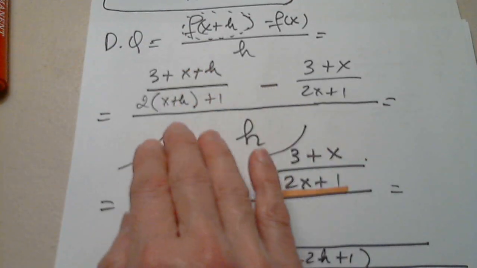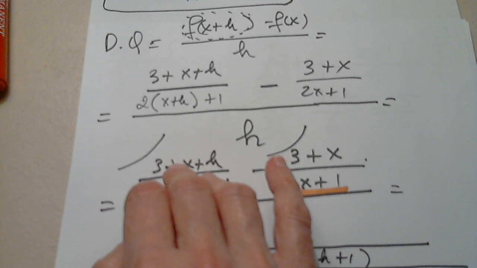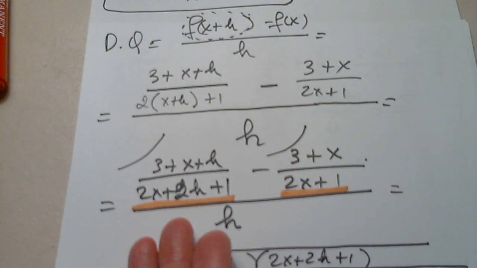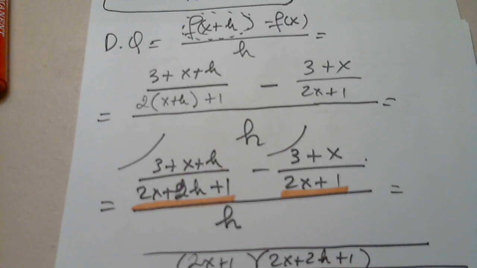what do I need to multiply this fraction by? Well, what it does not have in the denominator. Which one of these two factors does it not have in the denominator? That's what I need to multiply by. Which one? This was multiplied by what? 2x plus 1.